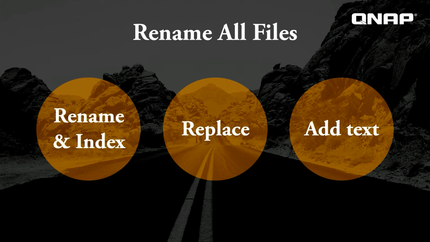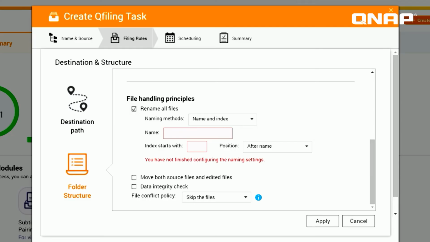For example, if you have photo files taken last year, but you named them wrong, you named them this year, you can replace all 2018 with 2017. The third one is you can add some text to your original files. So now let's see.